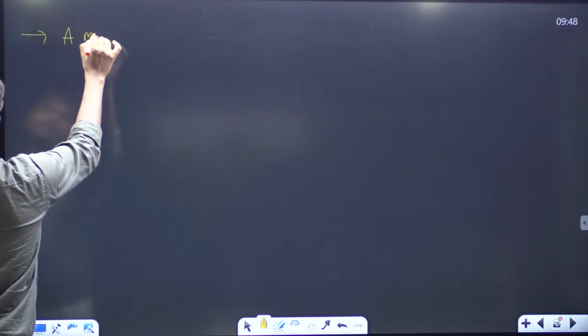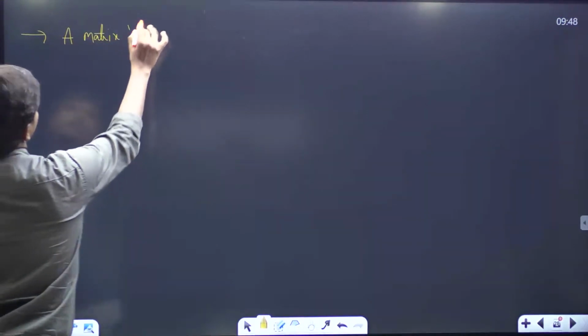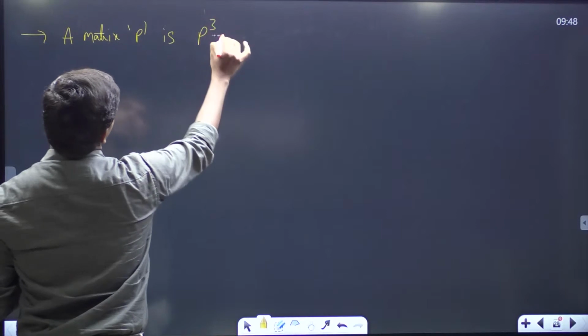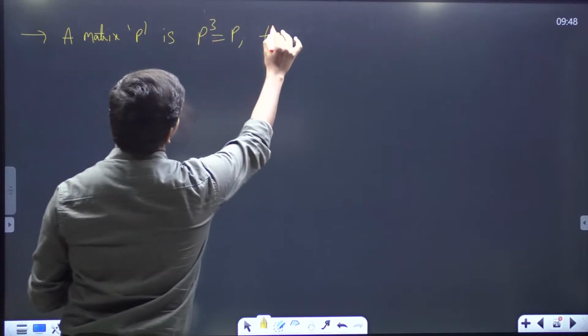A matrix P is satisfying P cube is equal to P. Okay, then eigenvalues.